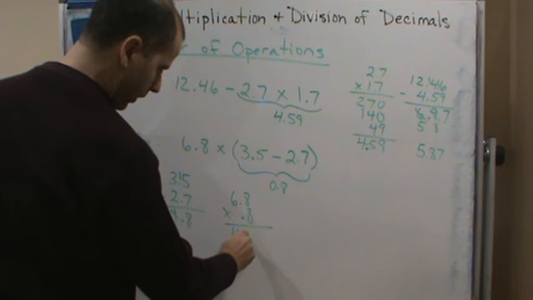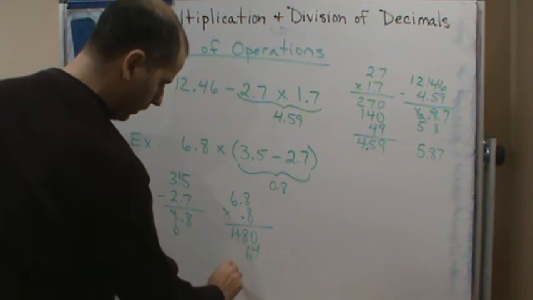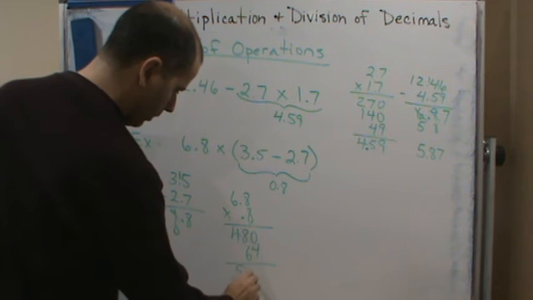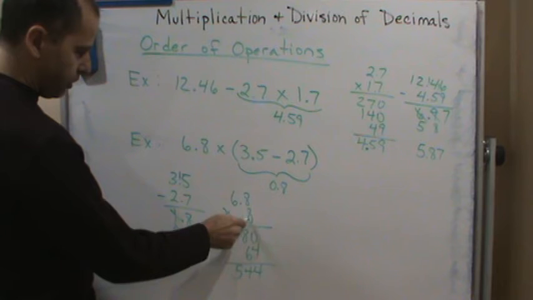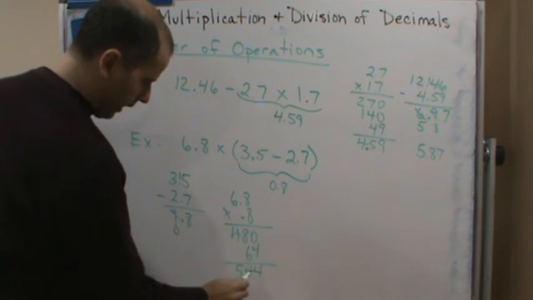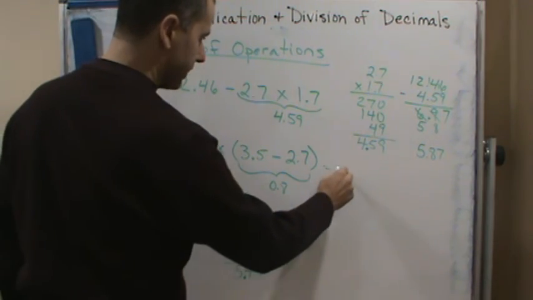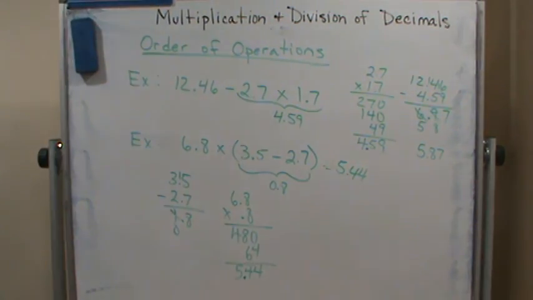So this is going to be 480. And then plus 64, which gives me 544. And so now I count the number of digits to the right of the decimals, and that's going to be 1 and 2. So now this is going to be 5.44. And so that's the answer, 5.44.